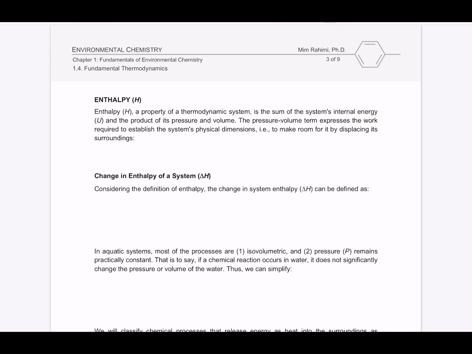So it might be a little bit confusing, but if we formulate that, H, the enthalpy term, is the internal energy plus the PV term. So this is the internal energy, this is the pressure, and this is the volume.